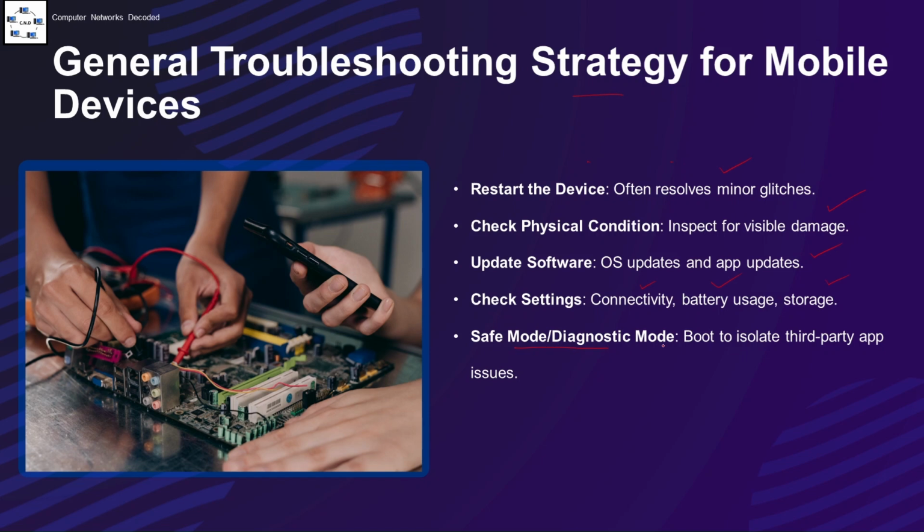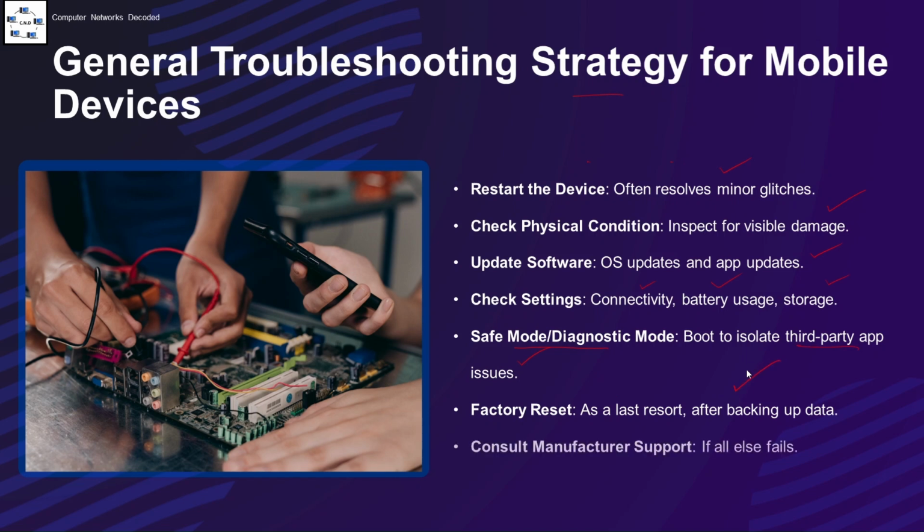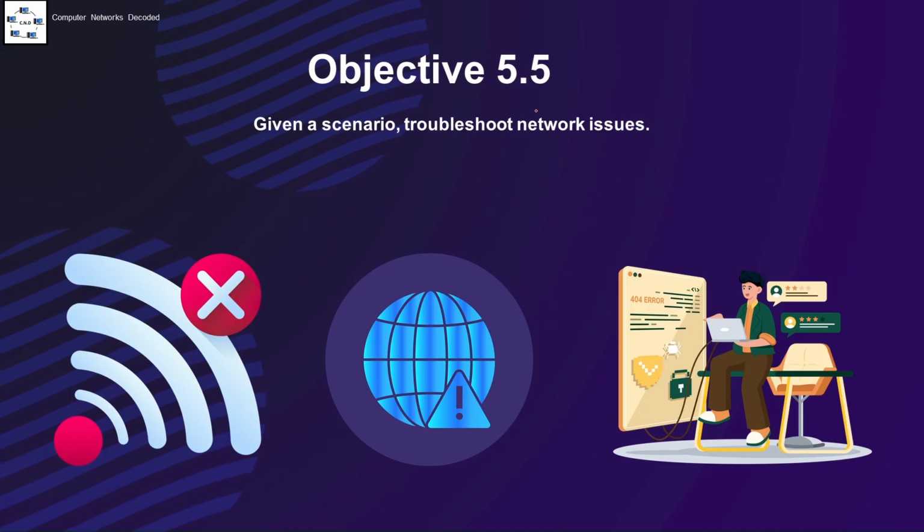Safe mode or diagnostic mode, boot the device to isolate third-party application issues. Factory reset as a last resort after backing up data. Consult manufacturer support. If everything else above fails, consult the manufacturer support.